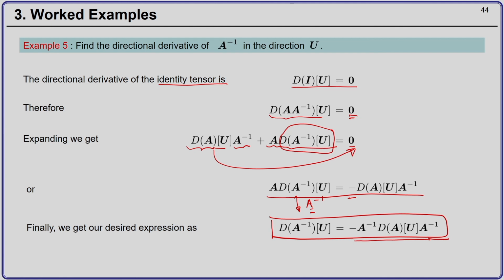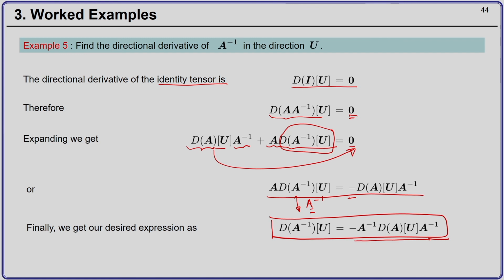So, if A is a second order tensor and you increment A by u, then the change in the inverse of the tensor in the direction u will be nothing but minus of A inverse, the directional derivative of tensor A in the direction u, that is change of A in the direction u, times A inverse.